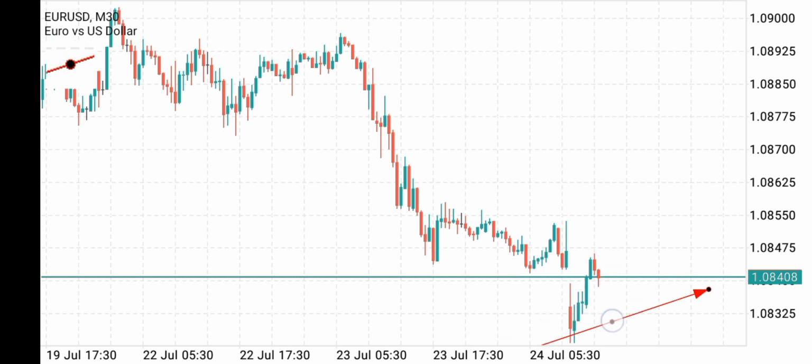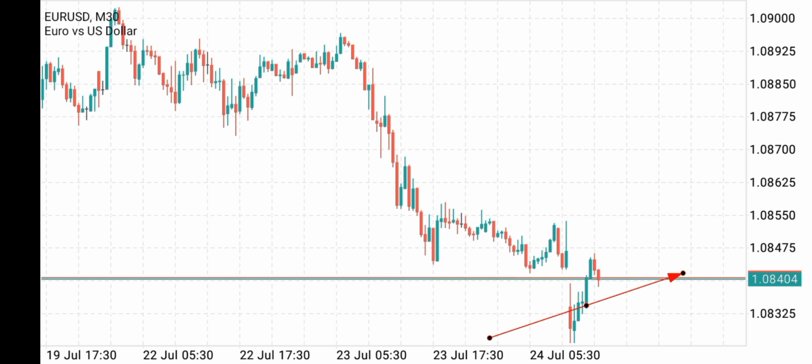As you can see, the last 3 digits are 408. Now, for example, Euro USD moved from 408 to maybe 428.